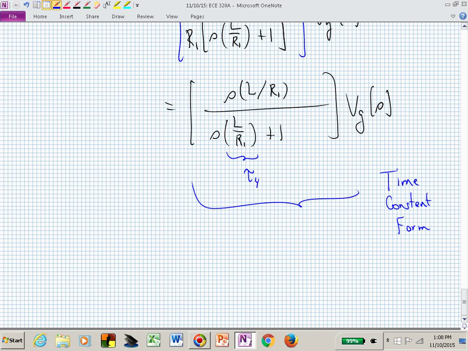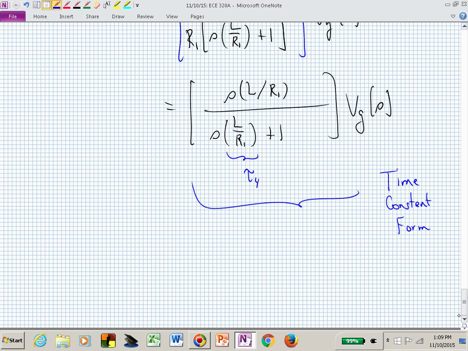If it's second order, then we have to do this for each of these pieces, or if it's third order. But here it's first order, and it's pretty easy to find the time constant. But the fact that the numerator has an S in it, the fact that that S is actually scaled by the same formula is irrelevant to the time constant in that form. So that's our time constant form.